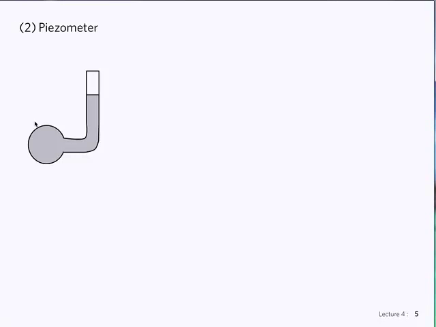This is called a piezometer, a simple tube open at the top. So at this position, let's call it A, we want to measure the pressure at A, and the height of this column indicates that pressure. In a container, simply gamma H again.